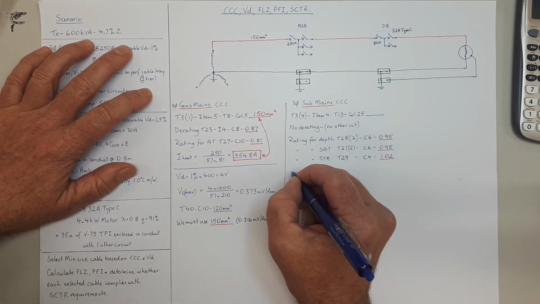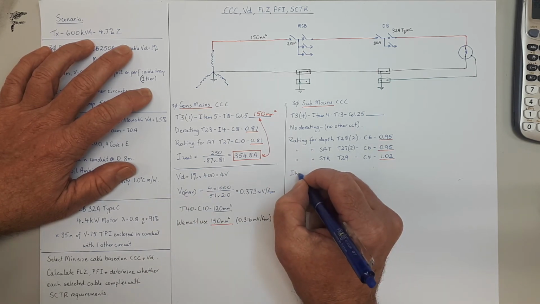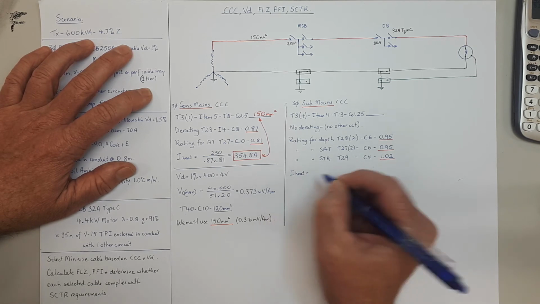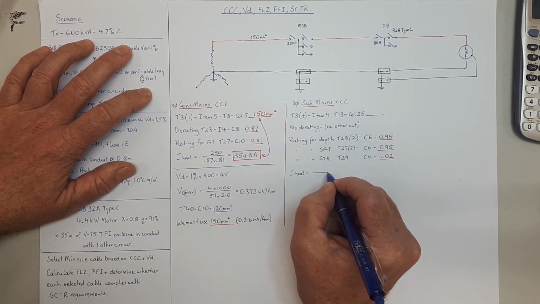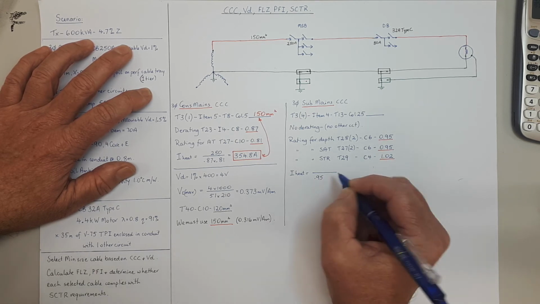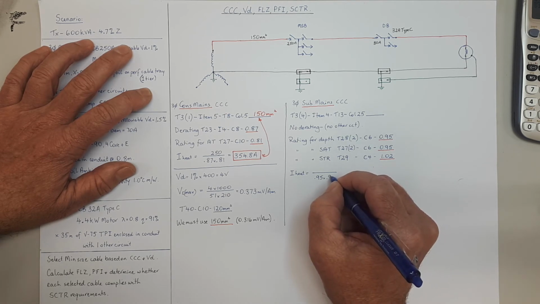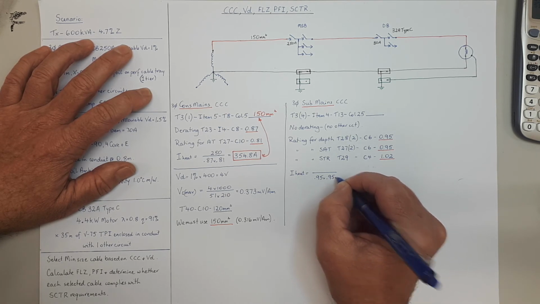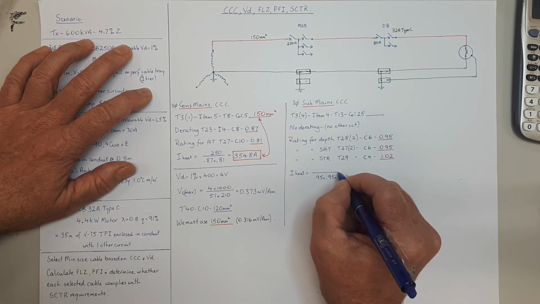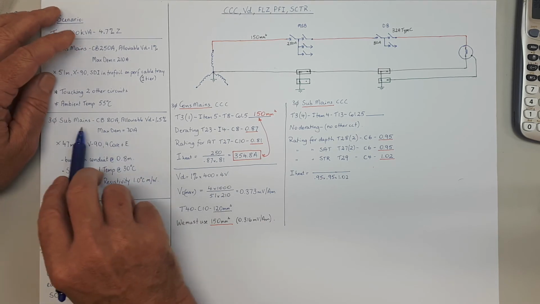So we use the same method as we used here. We want to find I heat, and so that's all those things on the denominator, 0.95 times 0.95 times 1.02. Okay, so the circuit breaker is 80.